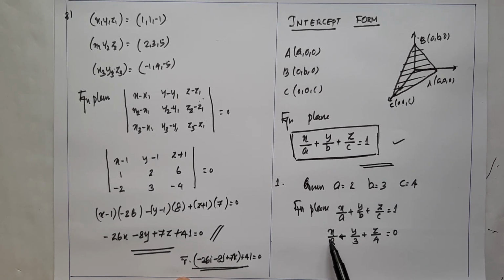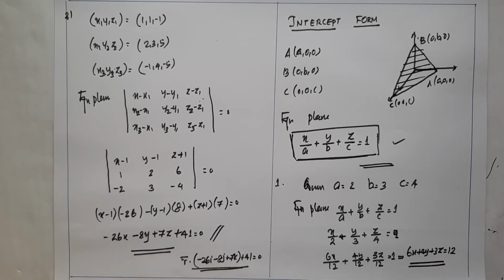Multiplying numerator and denominator by 6 gives 6x by 12, by 4 gives 4y by 12, and by 3 gives 3z by 12, equal to 1. That implies 6x plus 4y plus 3z equal to 12, which is the equation of the plane.